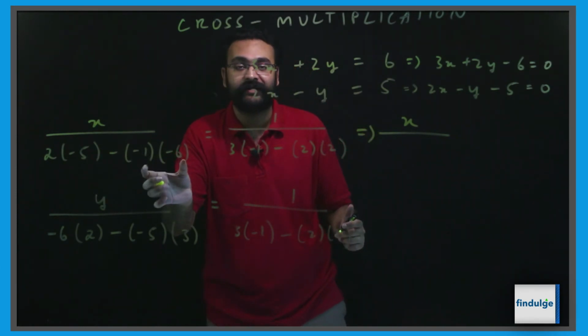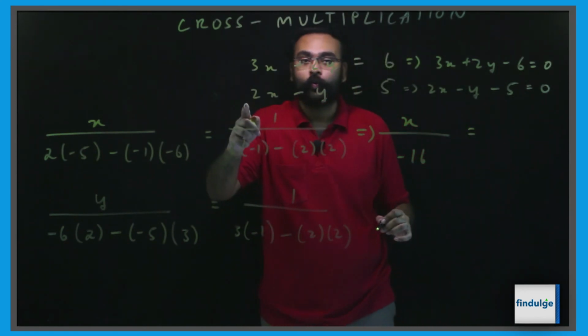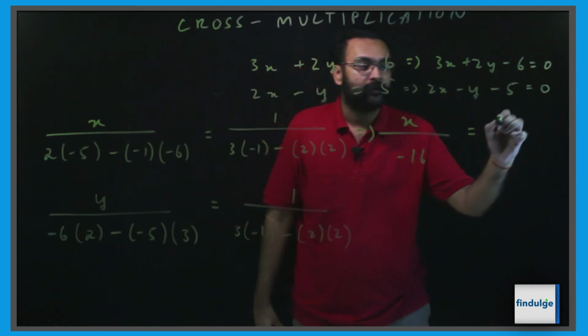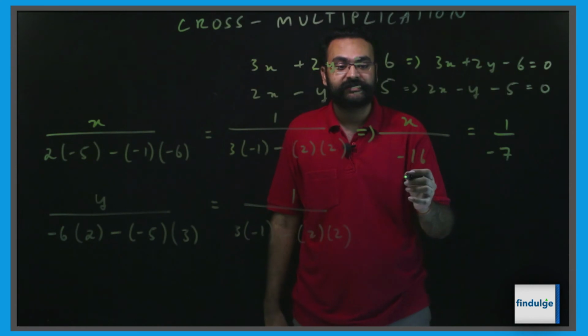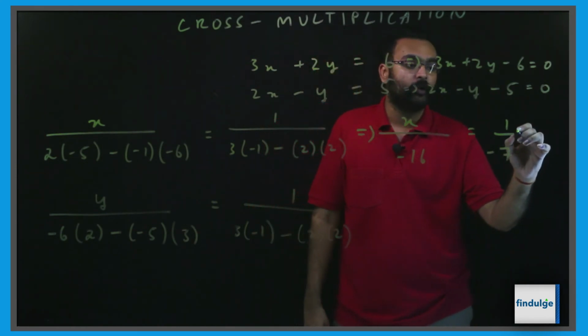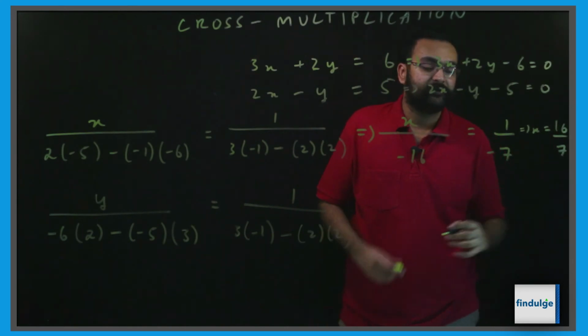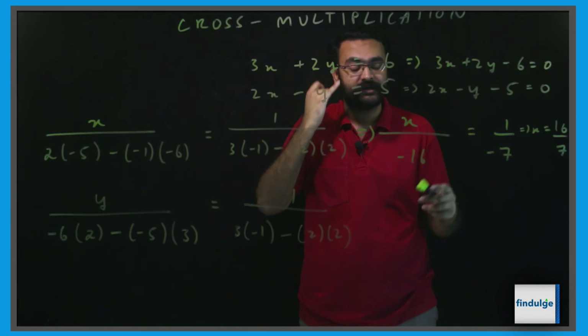So minus 10 minus 6 is minus 16, equal to 1 upon minus 3 minus 4, 1 upon minus 7, which results in x is equal to 16 upon 7, because it will become minus 16 upon minus 7, which is 16 upon 7.